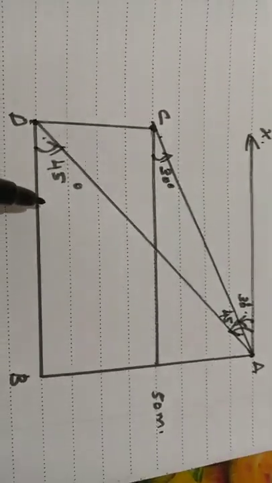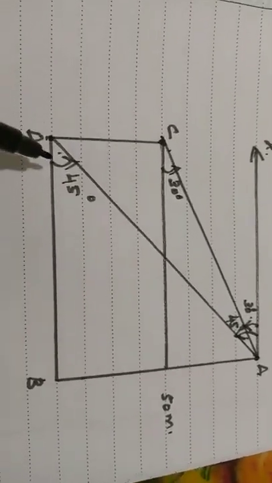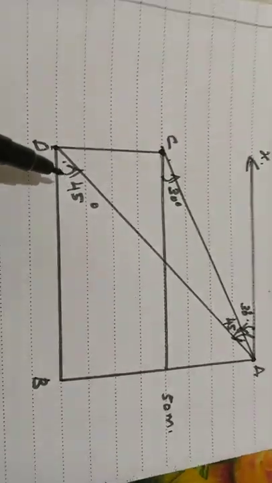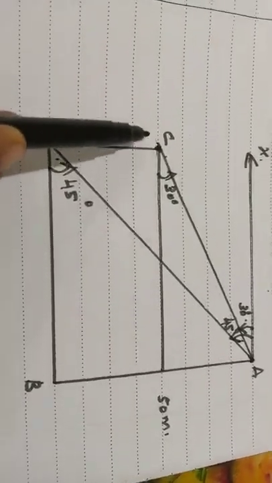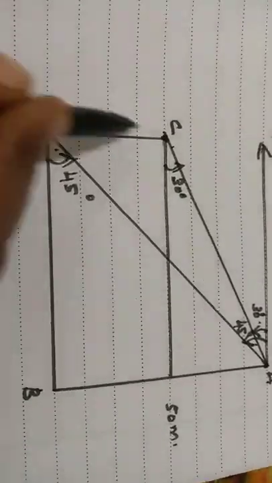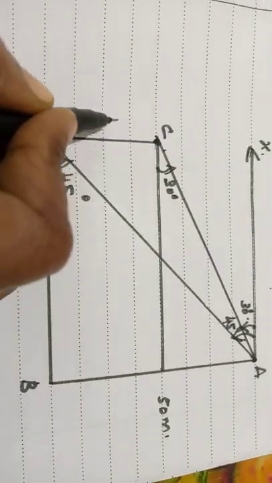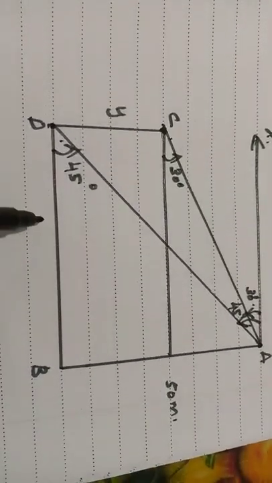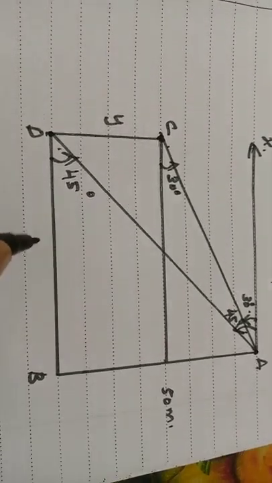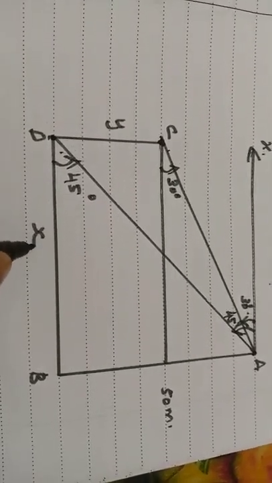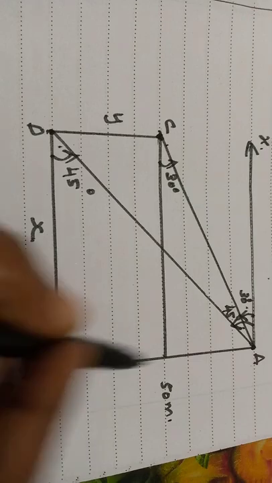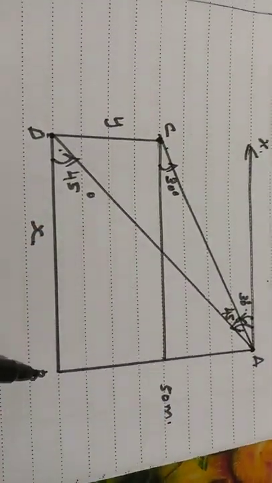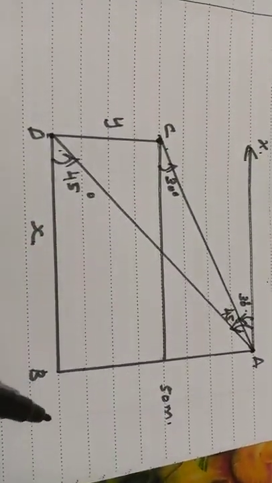So what is the question now? Find the height of the tree. This CD distance we have to find out. Let us name CD as Y. So here DB is there now. DB, let us take it X. AB is the tower. So let us write what values are given.